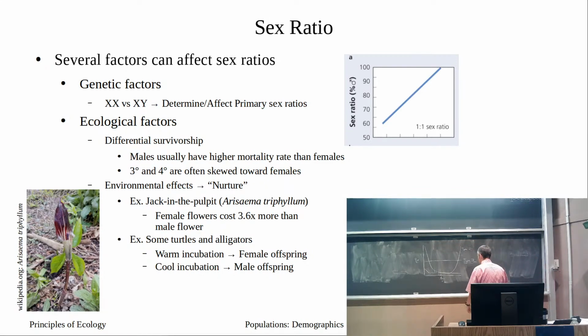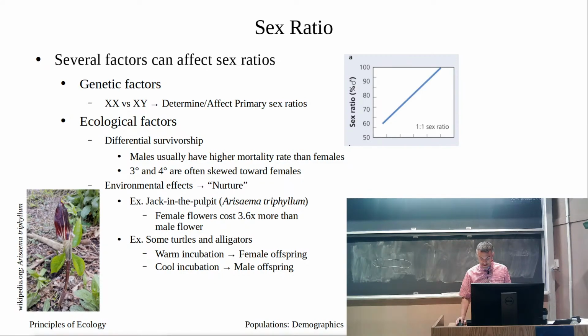Where do we see those changes in the temperature? Well, consider this. This actually came up because people were interested in looking at sex ratios in turtles. And the easiest way to go about doing that, they were trying to get sex ratios as soon as the turtles were born, right?